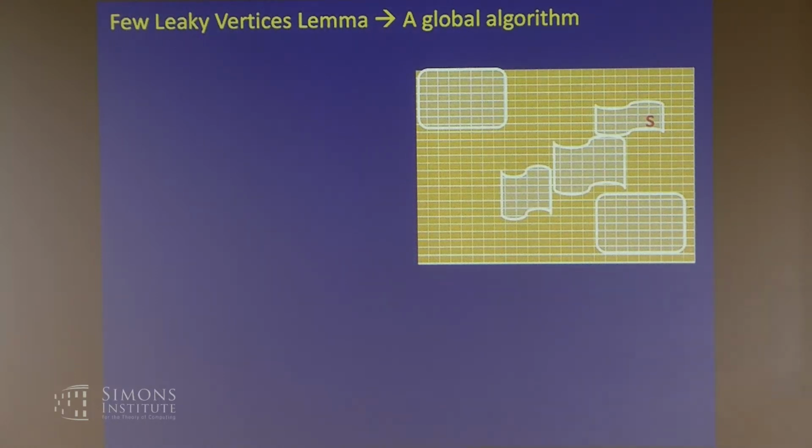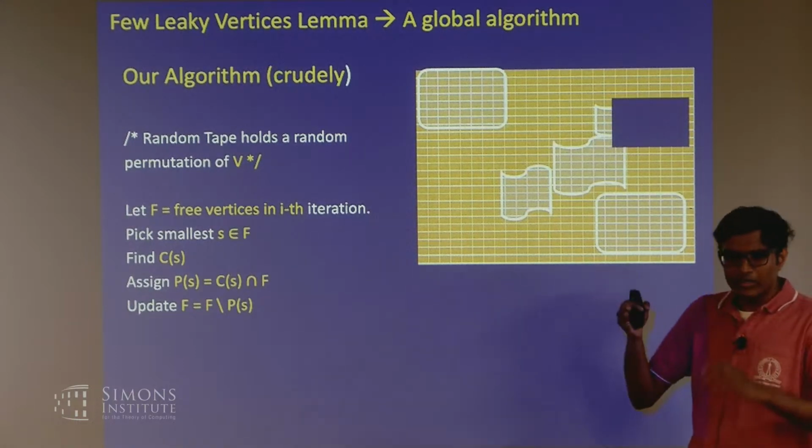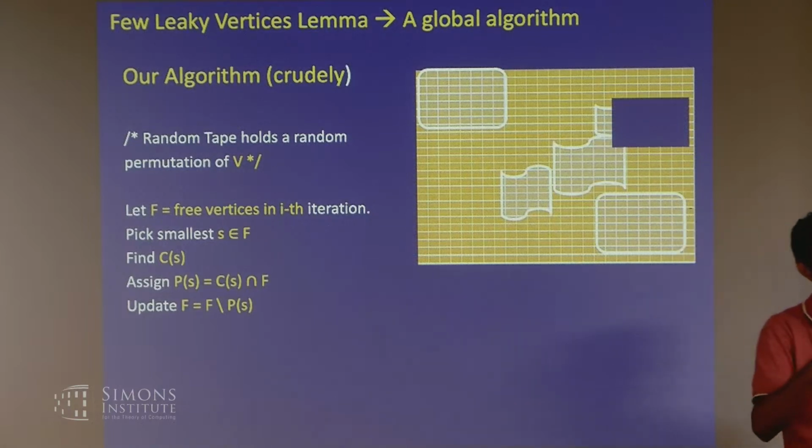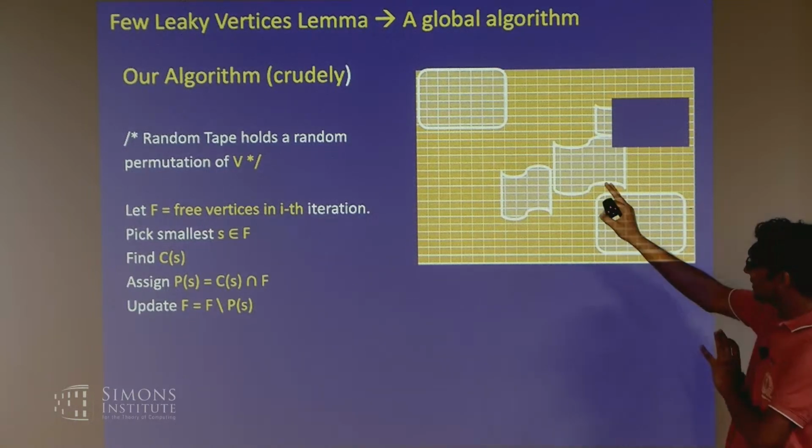So let's see the global algorithm. First, let me emphasize what happened here. There was no blue stuff that was supposed to come, my apologies. The random tape holds a permutation of the vertex set. That's what the random tape contains. In the ith iteration, there are a bunch of vertices that are not inside these gray boxes.